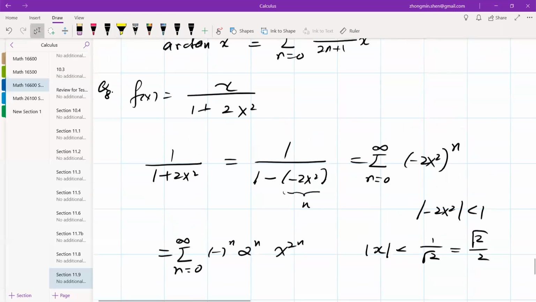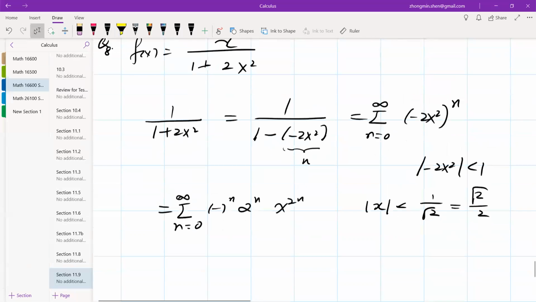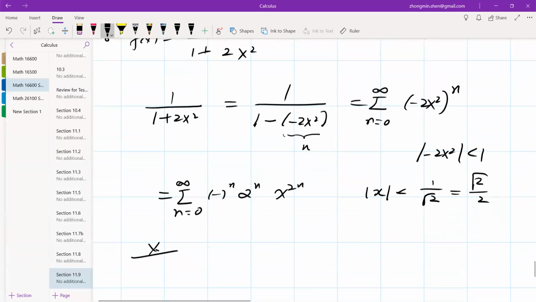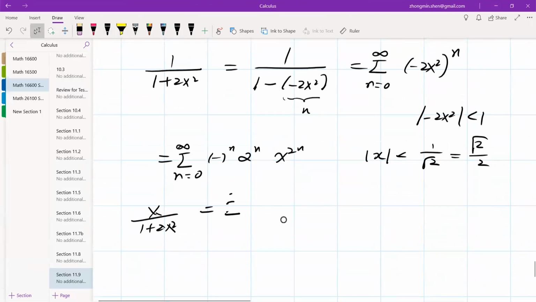But I have x on the top, right? Let's just multiply it. So x over 1 minus 2x squared is going to be just multiply x into the series, giving negative 2 to the n times x to the 2n plus 1.